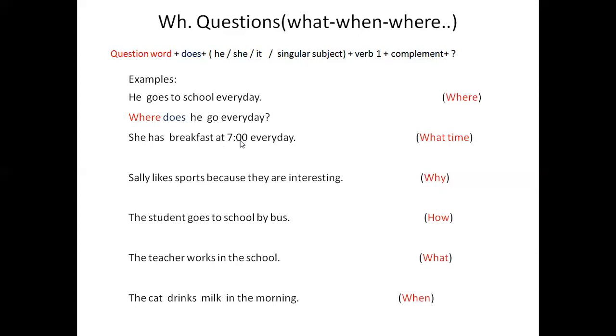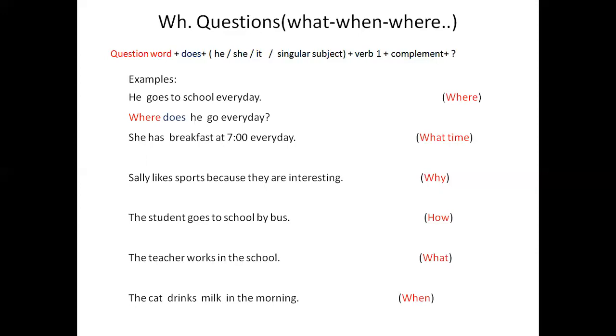She has breakfast at 7 every day. Use what time. So we put the question word and we put the helping verb. The helping verb will be does. It will not be is. It will be does. You can't use is.